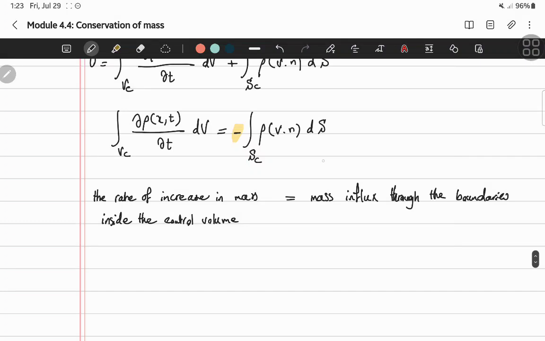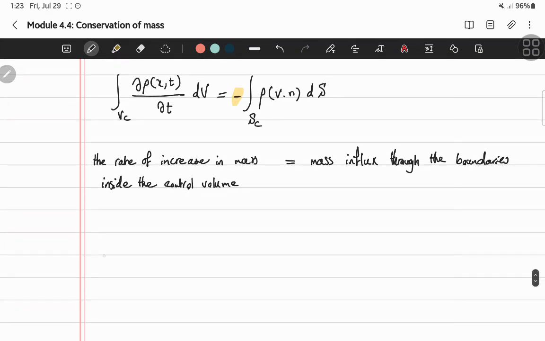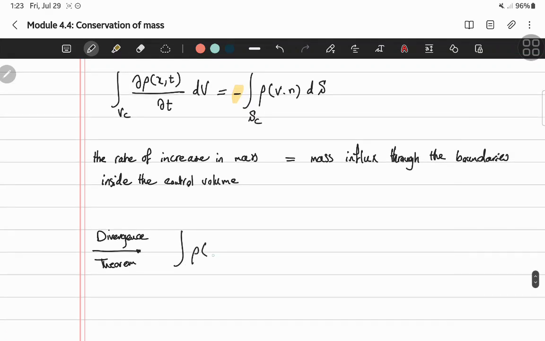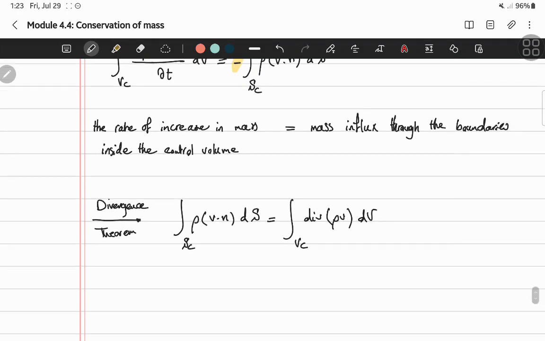So if I use the divergence theorem to change this ds to dv, we will have this integral of rho v dot n ds over sc, which becomes the integral of the divergence of rho v dv over vc.